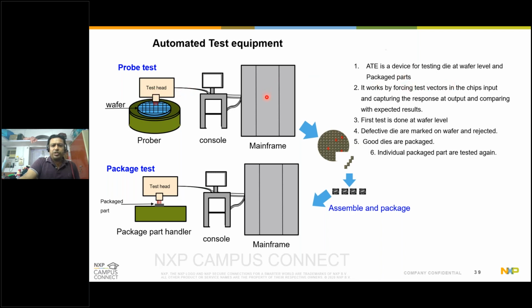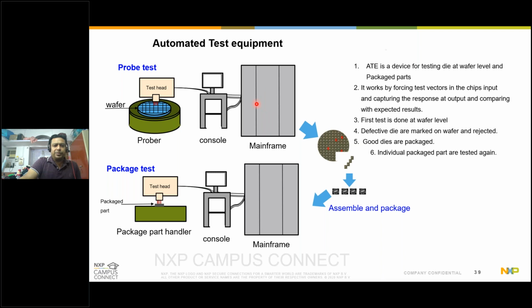So this whole process works like this. You put a wafer on the prober, then you put the test head and make the proper connection through these probe pins. Then all the patterns that you want to provide for testing your chips are stored in the internal memory of this mainframe unit.